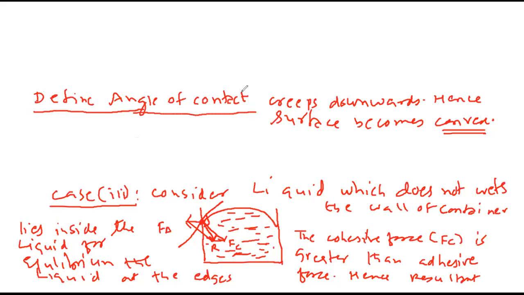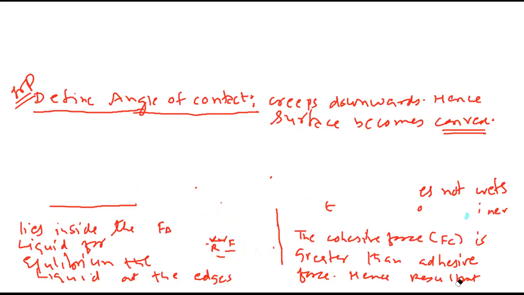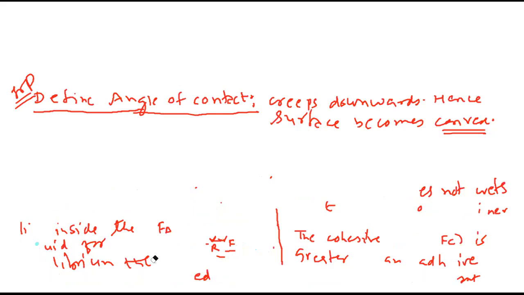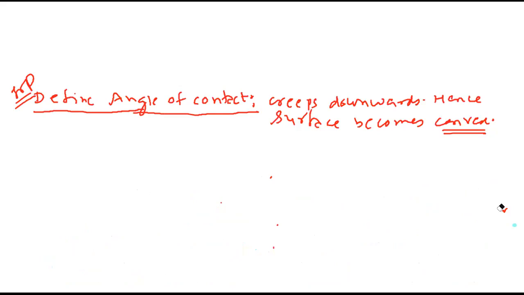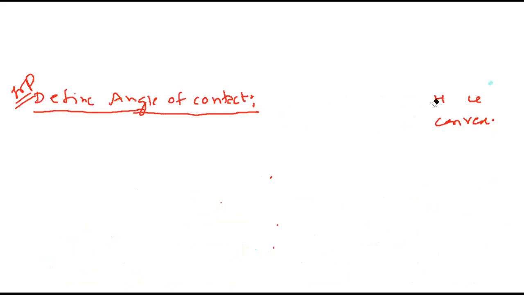Define angle of contact. So just now we saw there are three types of liquid: completely wetting, partially wetting, not wetting.